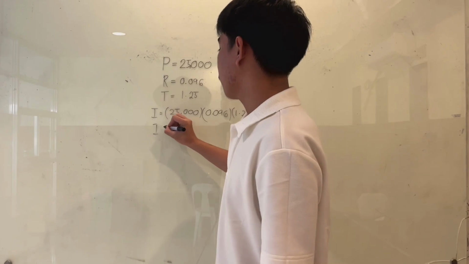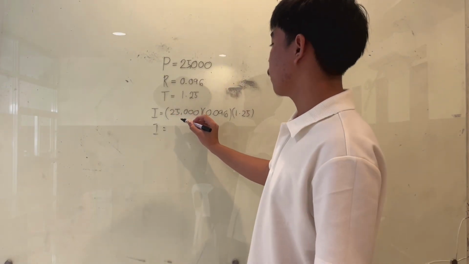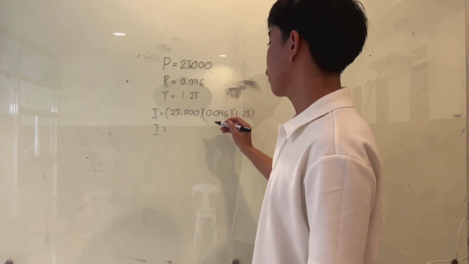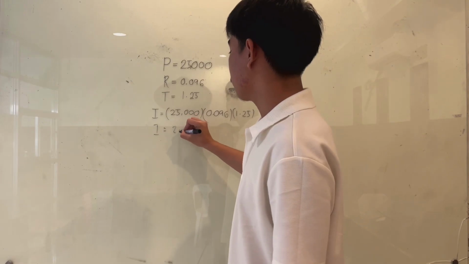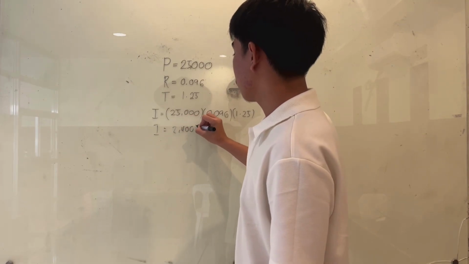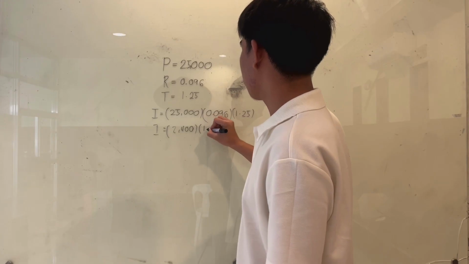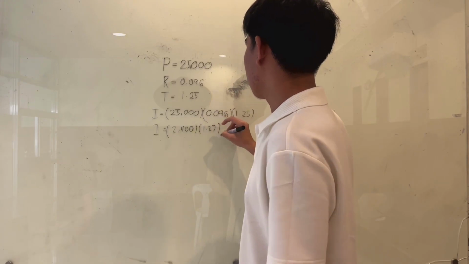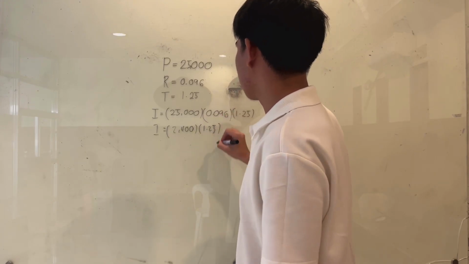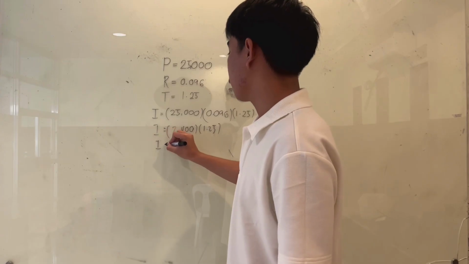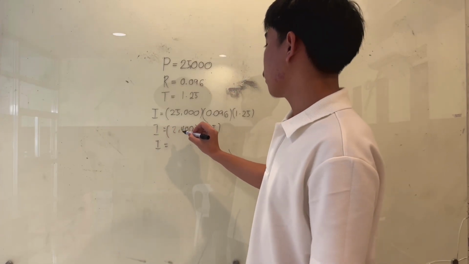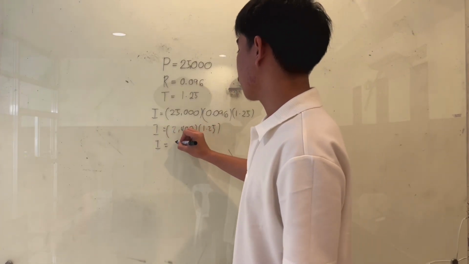Now let's multiply 25,000 and 0.096, which is 2,400. And we multiply it by 1.25. I equals 2,400 times 1.25 is 3,000.